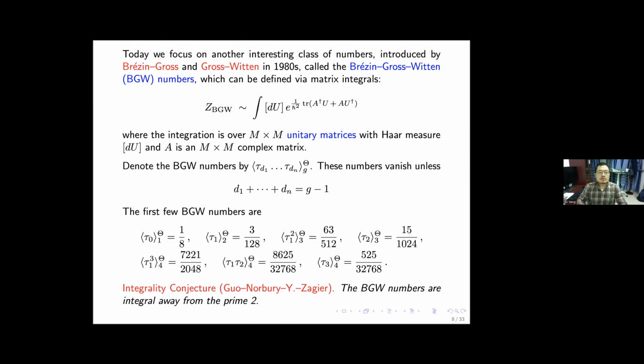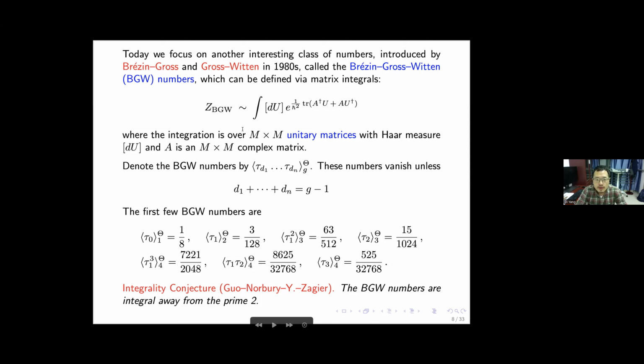Right. So today our focus is on some numbers very similar to Witten's intersection numbers, and also very interesting, called the Brezin-Gross-Witten numbers. Their partition function was introduced by Brezin-Gross and Gross-Witten in the beginning of the 1980s.